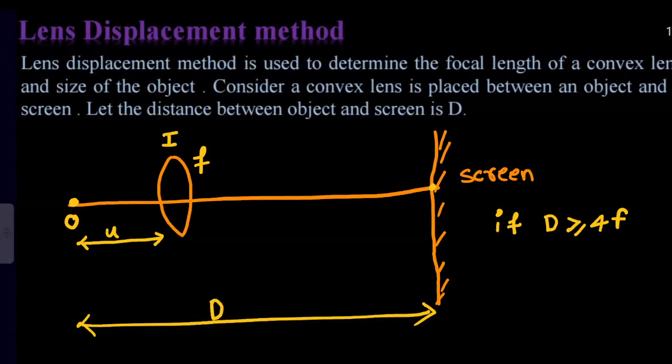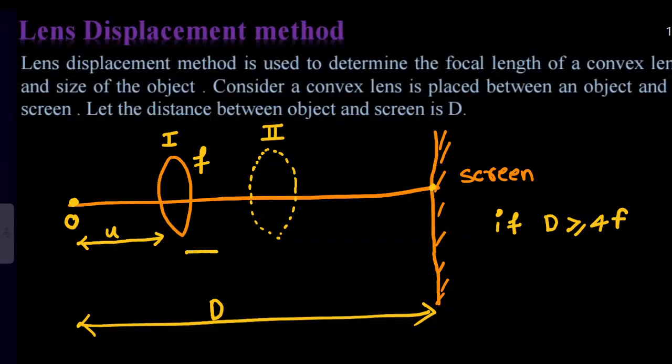This is one position. Let us say I move my lens to some other location. This is the second position of the lens.